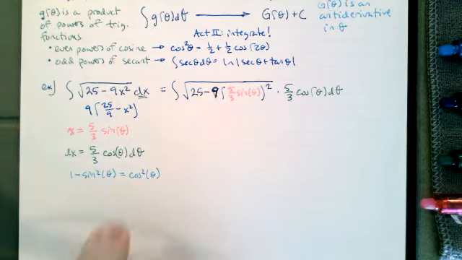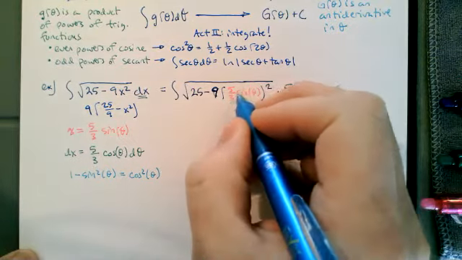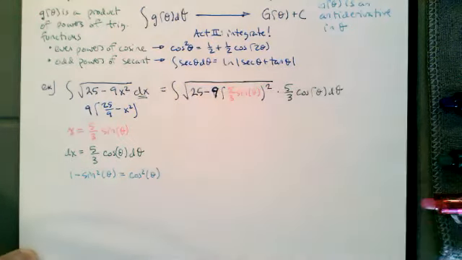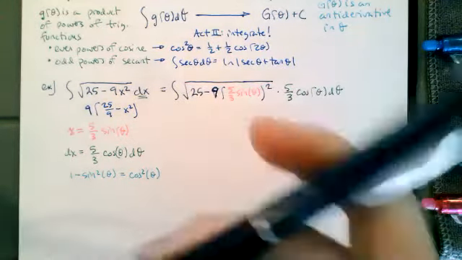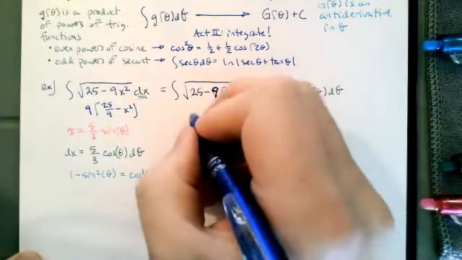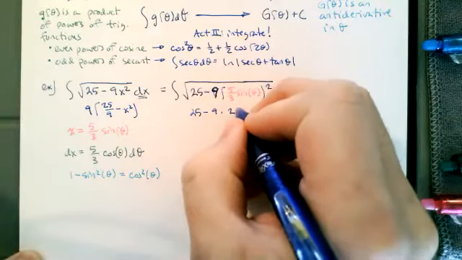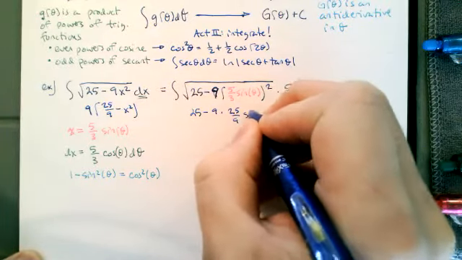Now the thing happens. Now the two terms become one term. So this is going to become 25 minus 9 times 5/3 sine theta squared. That was just spelling it, sorry. It's going to be 25 minus 9 times 25 over 9 sine squared theta.